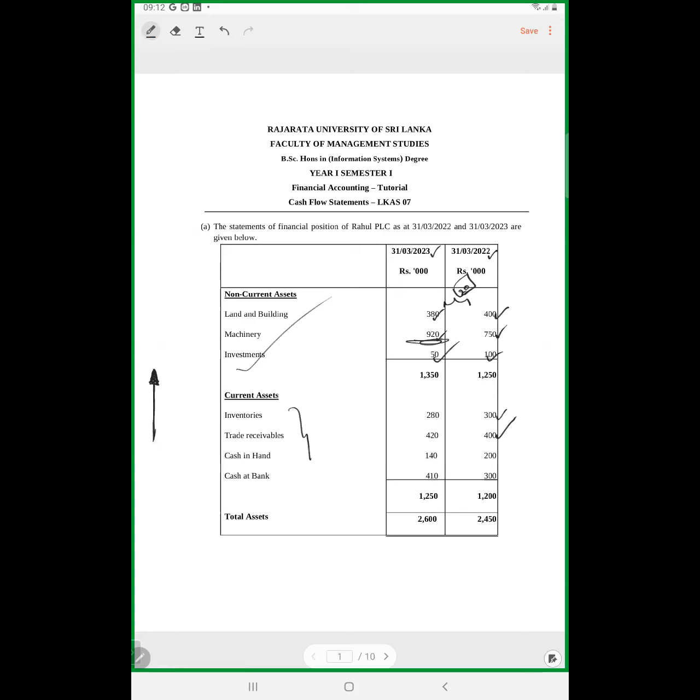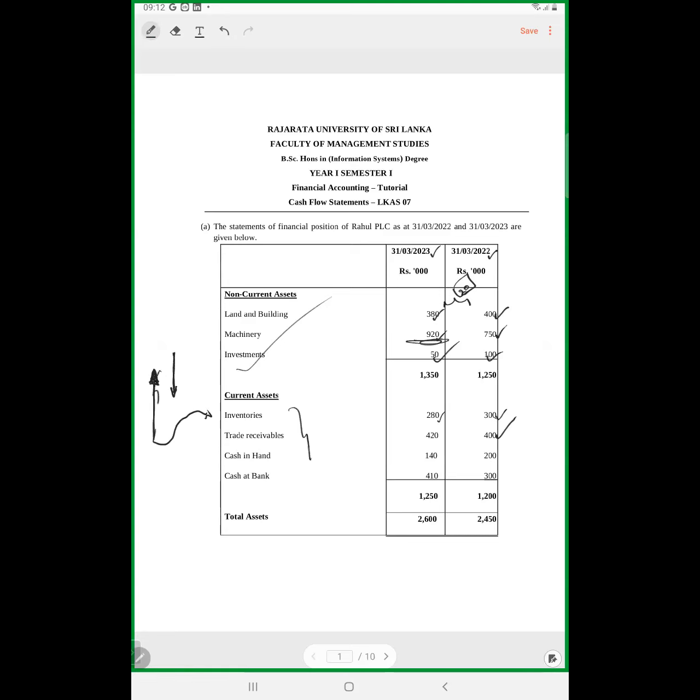So the current assets value. The first situation you can see is inventories. In the year 2022, the value is 300, and when it comes to 2023, it is 280. It means the current assets value has decreased, right? Deducted.